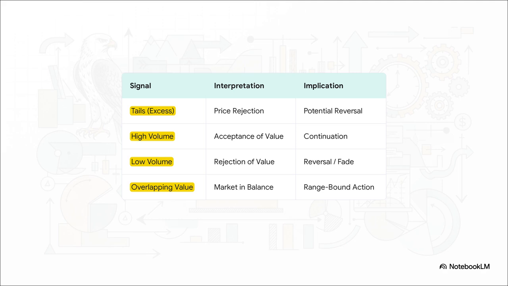But a weak close, somewhere in the middle half, that's just indecision, a lot of two-sided trading. And a long tail, especially if it's like a third of the bar's entire size, that's a huge screaming sign of price rejection. Then you've got overlap. If a bar overlaps a lot with the one before it, that tells you the market is balanced, which usually means, you guessed it, a trading range. You have to look at these details on every single bar to see what's really going on.